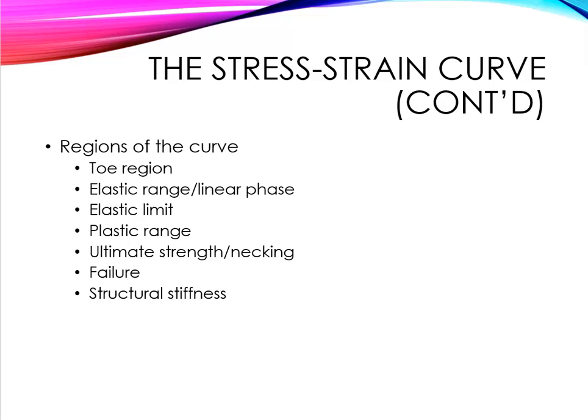Ultimate strength. The maximum strain the tissue can sustain is its ultimate strength. Once this point is reached, further increase in strain does not result in increased stress due to tissue microfailure. The region of necking is reached in which there is considerable weakening of the tissue and it rapidly fails.